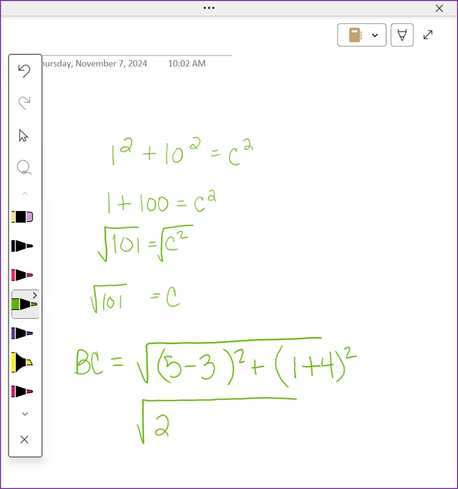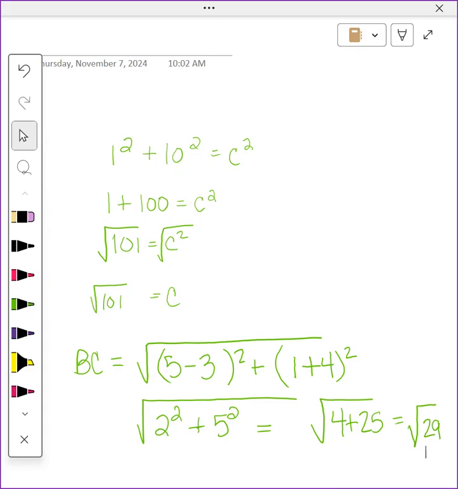That is 2. So I have 2 squared plus, what's 1 plus 4? 5 squared. Okay. What is 2 squared? And what's 5 squared? So what is the distance of B to C? It's not 29, it's the square root of 29. So the distance of B to C is the square root of 29.